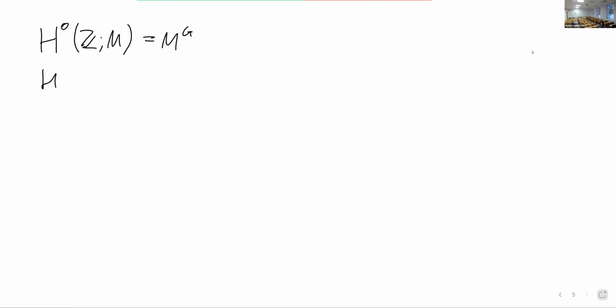And H^1 of Z with M coefficients is M_G. It's not massively difficult to check it. Let's say it's an exercise. By the way, these formulas resemble the Poincaré duality, which is one way to prove those formulas.